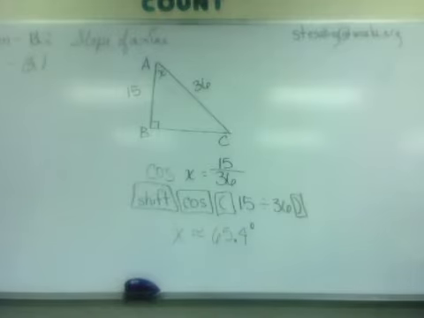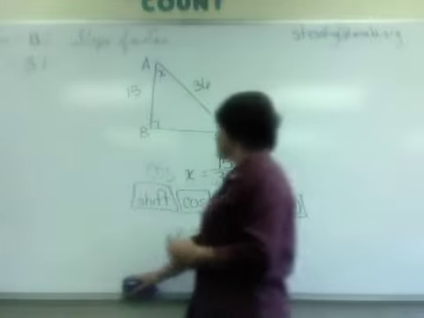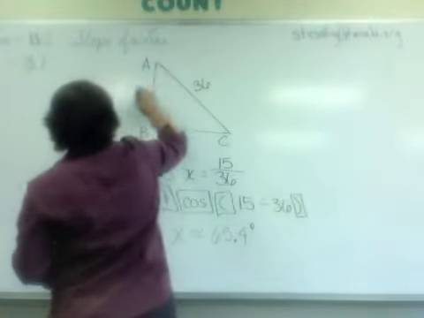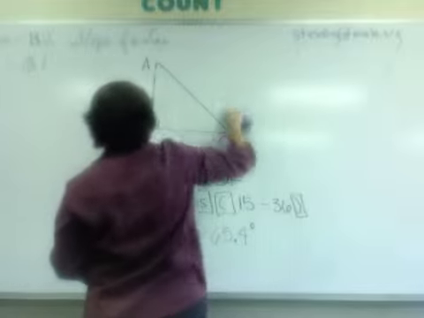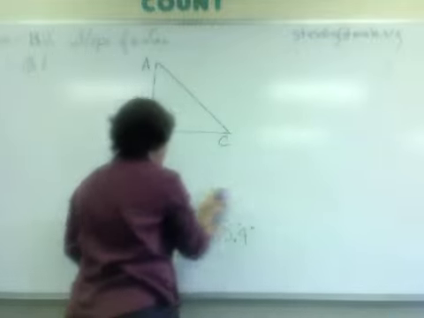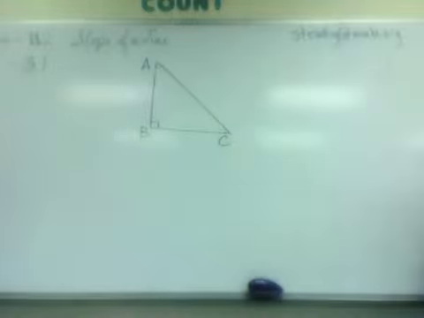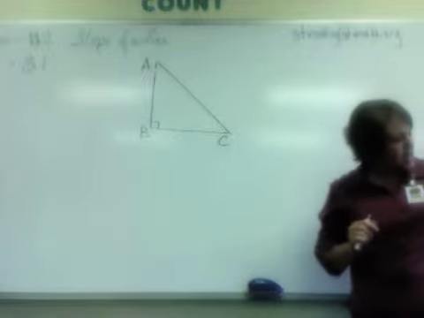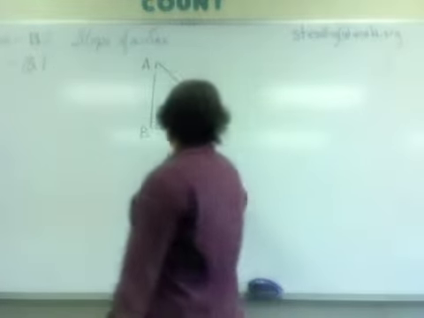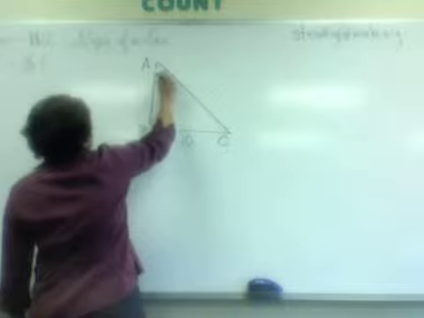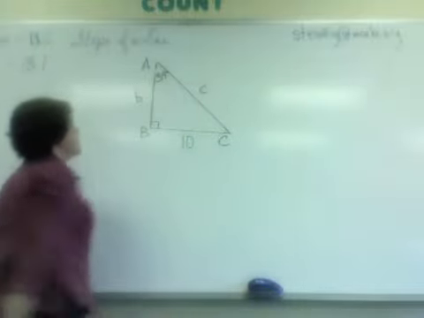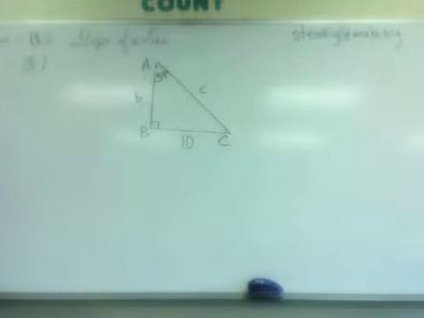So if you look first at, say, number 31. Okay, we have a triangle ABC. According to the picture in the book, the small letters represent the lengths of the sides. In number 31, angle A is given to us as 34 degrees, and side a is given to us as 10. And we're asked to find b and c.